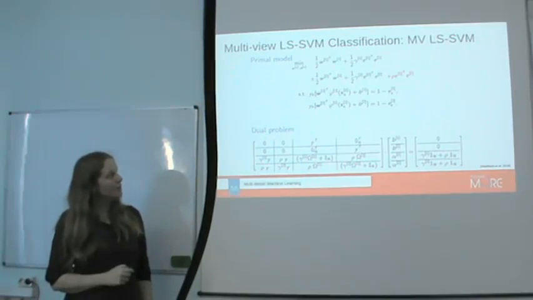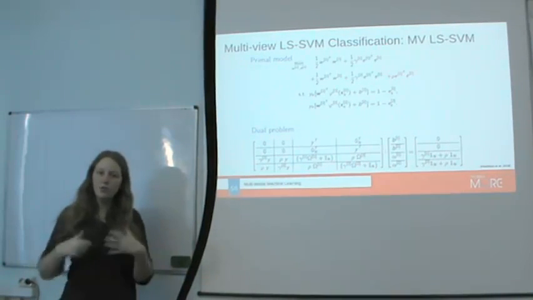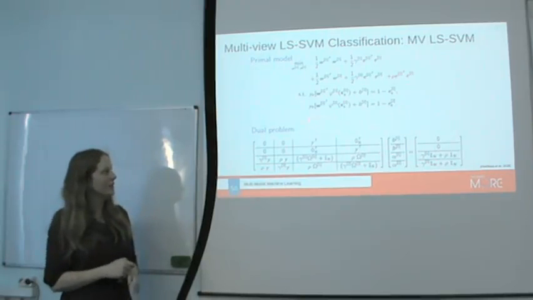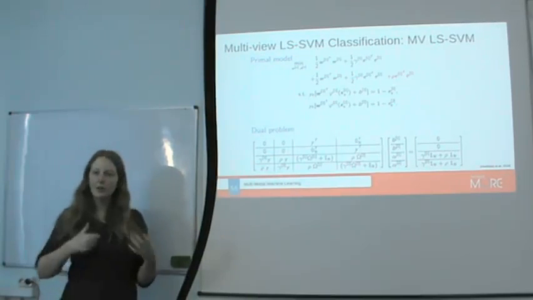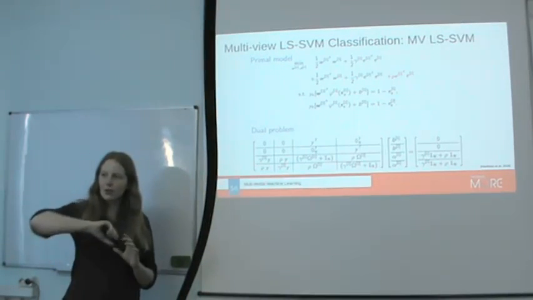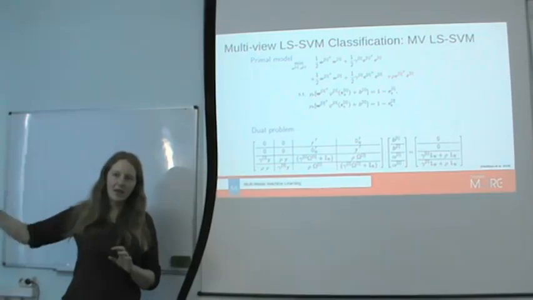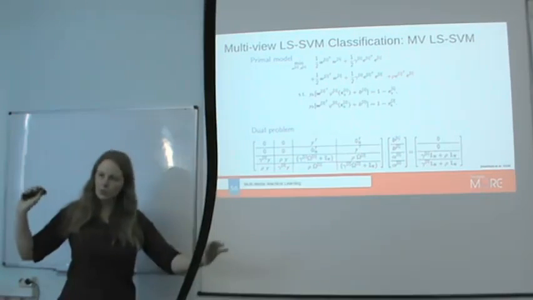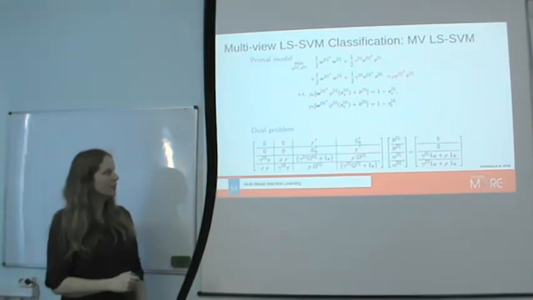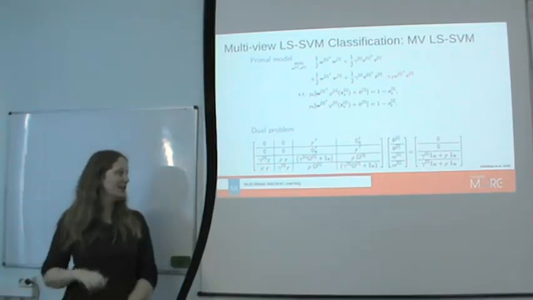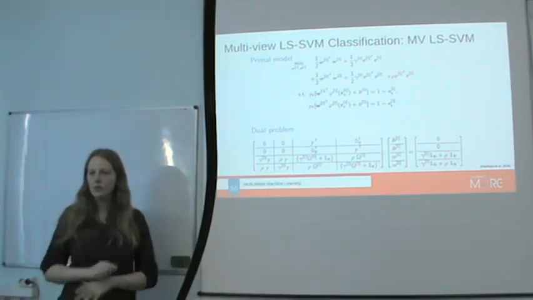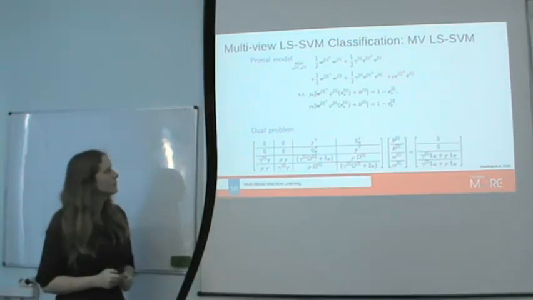So this objective term kind of couples our two views, and in here it tries to complement the errors on the views. So it says if the error on one view is very high, that's fine as long as the error on the other view is very low. So it kind of enforces that. And yeah, it's just to show that again you get a linear problem. So again, it's easy to compute.